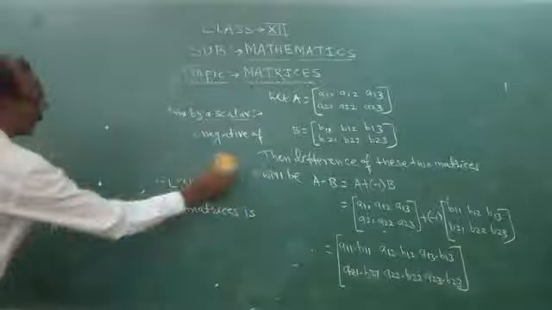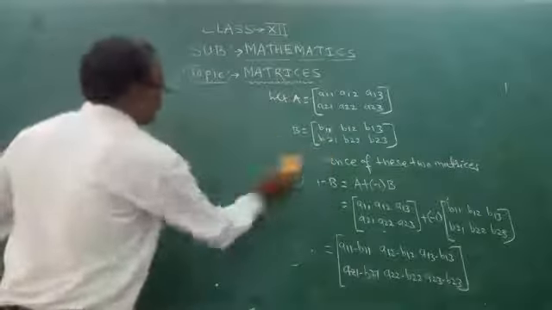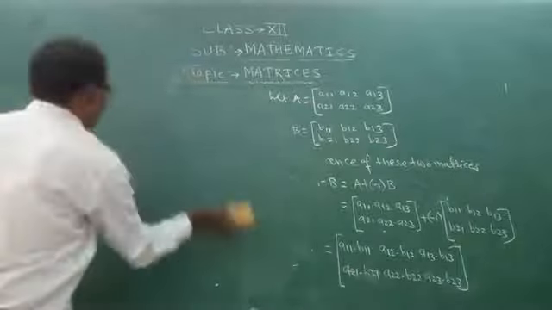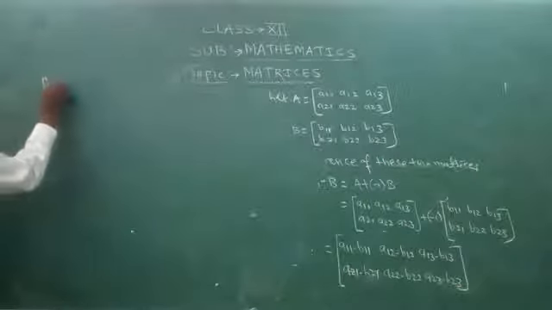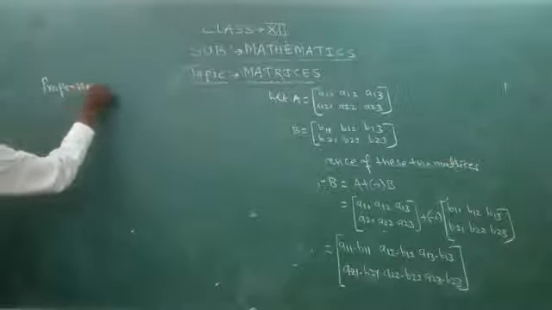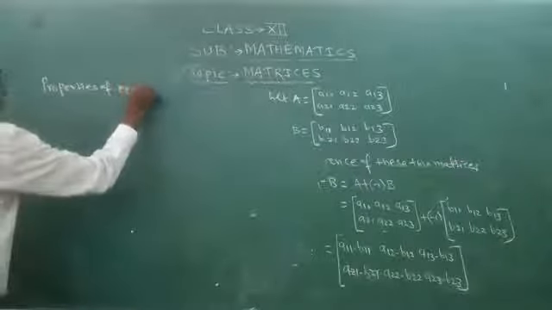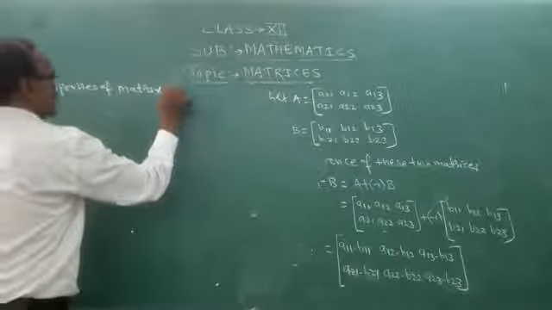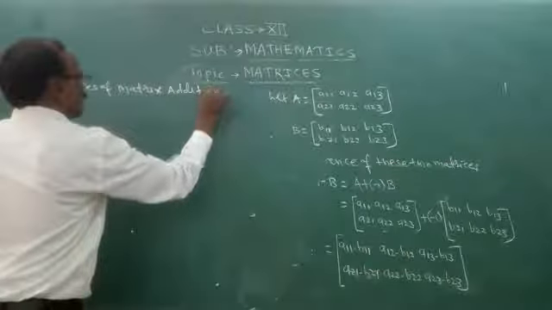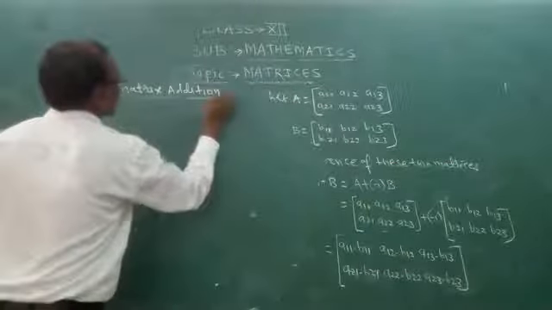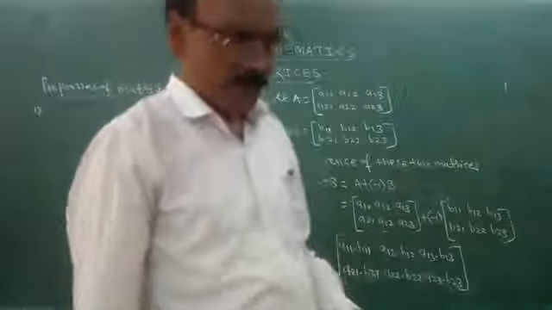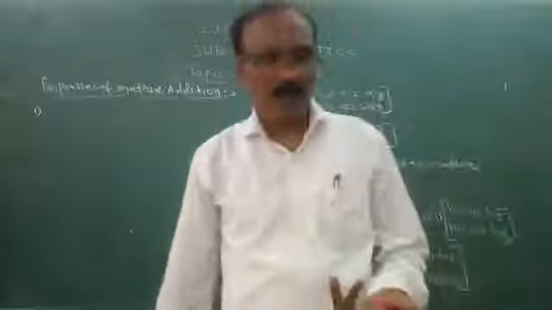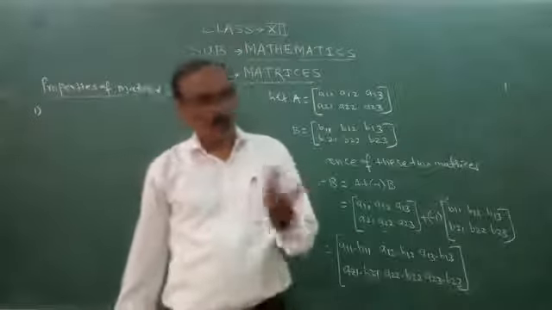Now next is properties of matrix addition. Let us see the properties. So if we add two numbers, suppose 2 plus 3 gives me 5, 3 plus 2 also gives me 5.